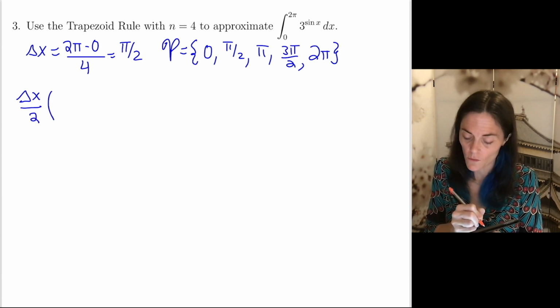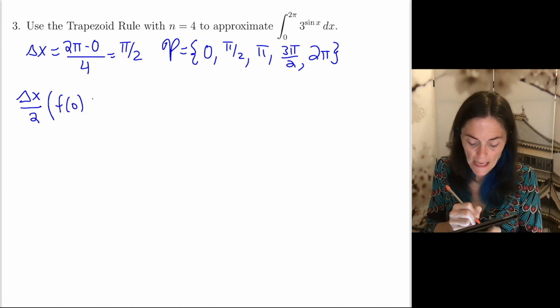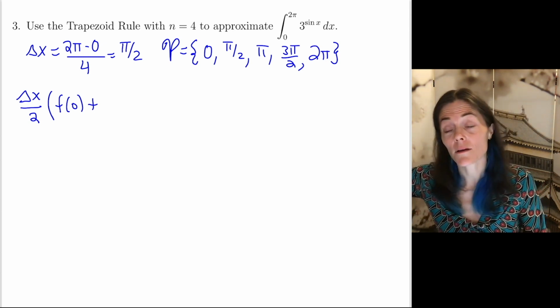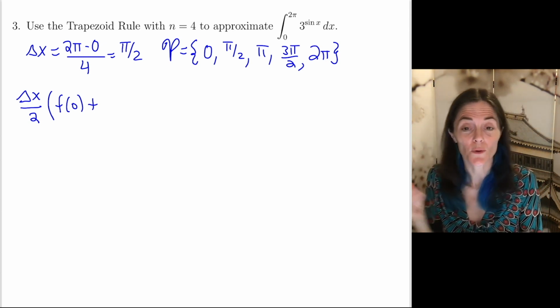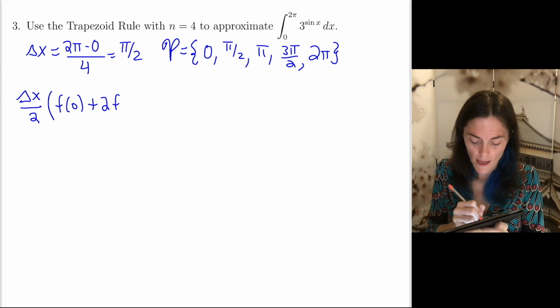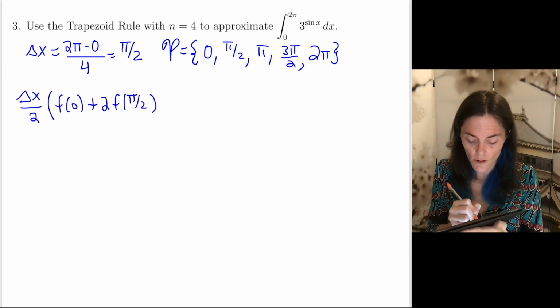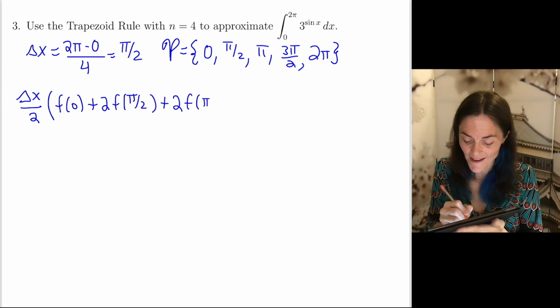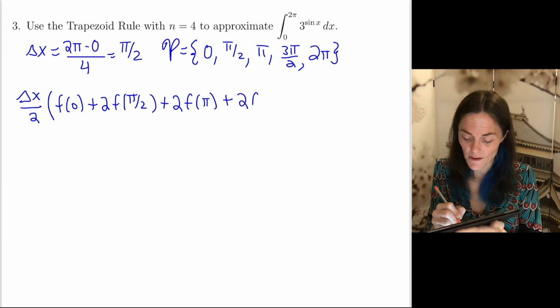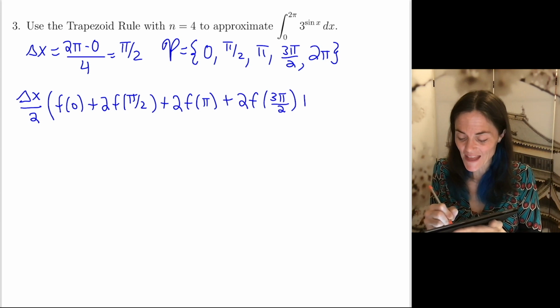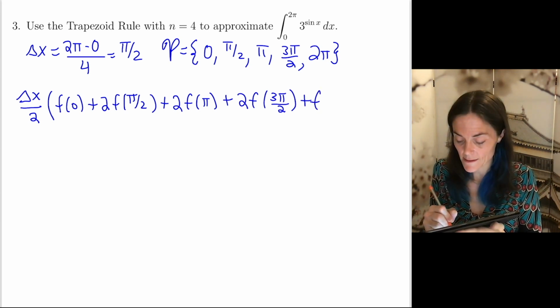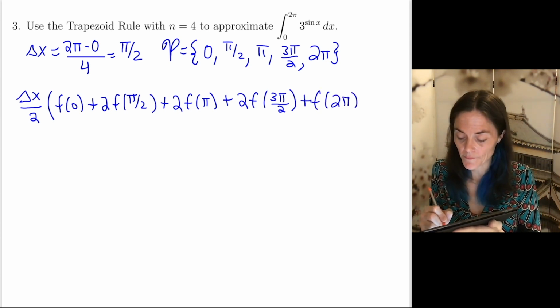And then we have f of 0. But all the middle ones have coefficient 2. So we will have 2 f of pi over 2, 2 f of pi, 2 f of 3 pi over 2. And then the last one has coefficient 1, so f of 2 pi.